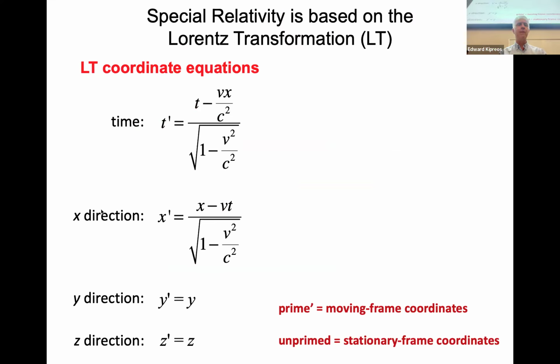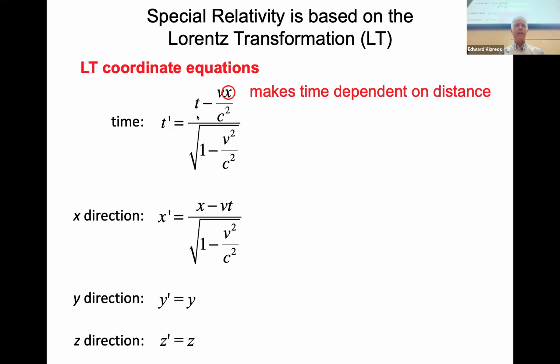There's one for time, and x direction, x distance, and remember that x is where movement is. There's y direction and z direction, and the way these work is there's a t prime, which is the time in the moving frame. The prime means it's in the moving frame, and the unprimed is the time in the stationary frame.